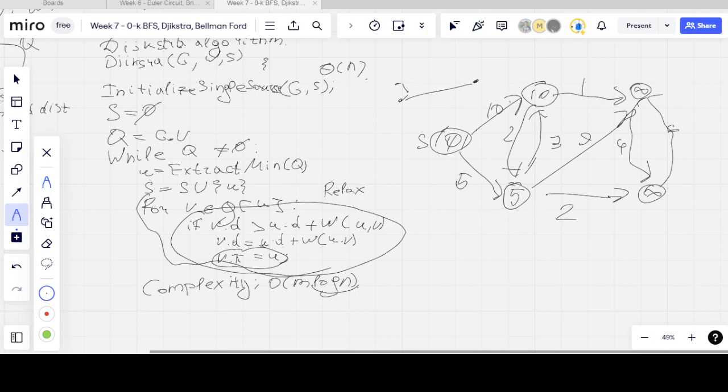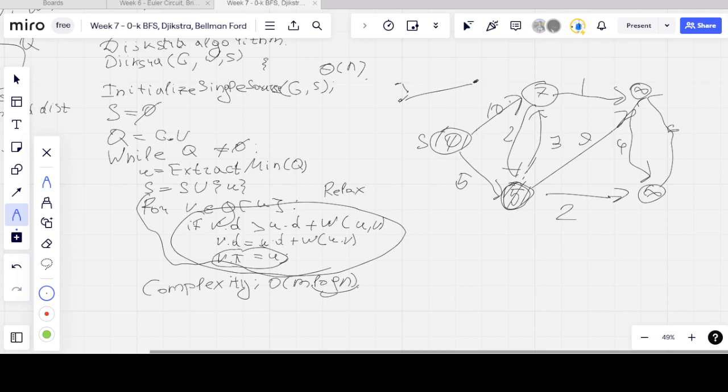So we get this graph after we extract the minimum, extract this vertex by minimum weight, and we mark it as visited, and we do relaxation, and get that it equals 7.